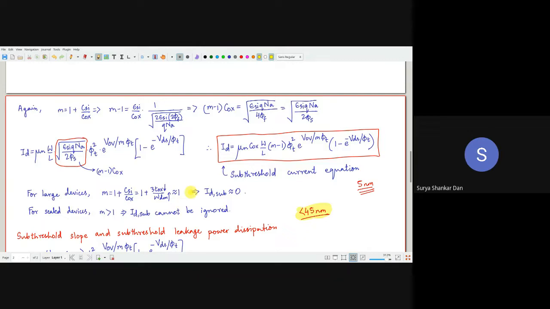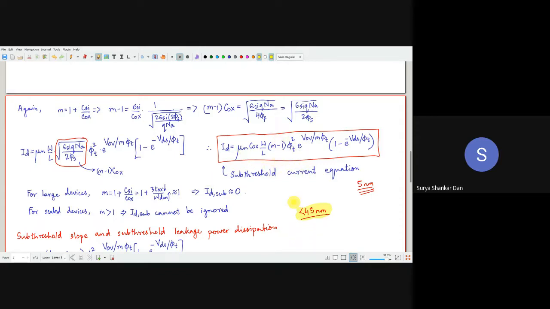So when you are studying a textbook, let us say Rabaey, but Rabaey is also very advanced. It will essentially have all this. Let's talk about Kang. Kang is a typical textbook on digital VLSI design at the BTech level. Those textbooks don't even speak about all this subthreshold.